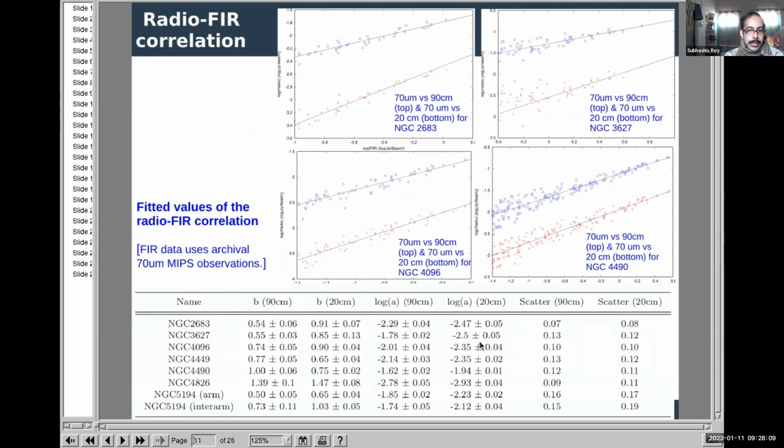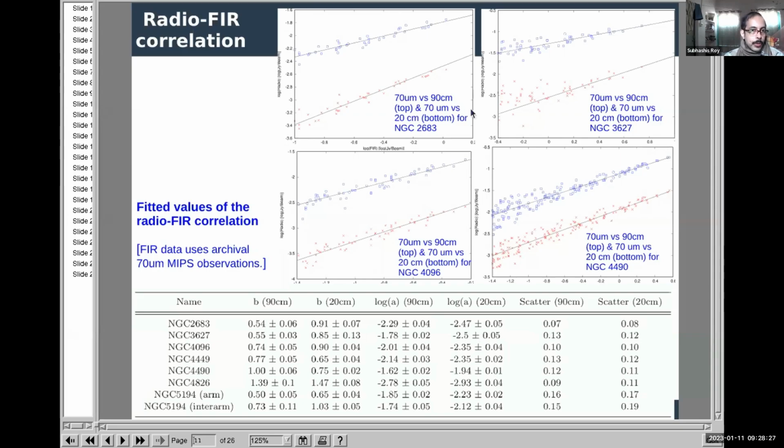Here also we wanted to increase the sample size; earlier we had this case for about 5 or 6 galaxies. We have increased the sample size by 7 more galaxies, and we see that the similar trend continues.